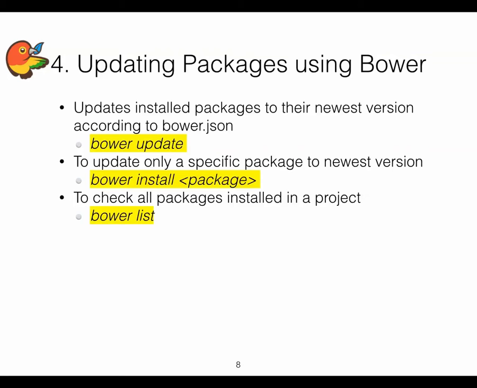If you want to check only a specific package, you need to reinstall it. There is no bower update package command. That can be done by bower install package name. Let's try that as well.